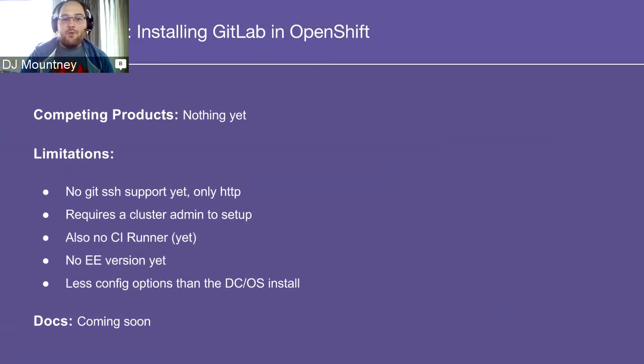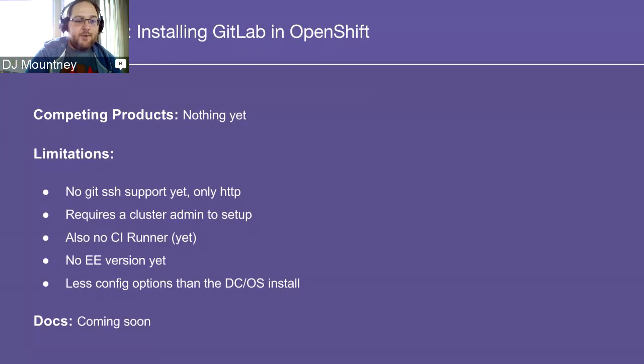So people do deploy other competing products in OpenShift, but there's nothing else officially supported yet. At the moment, even ours is only going to be installed by default in the all-in-one VM. But at this point, we're the closest thing to an officially supported product in OpenShift Origin.